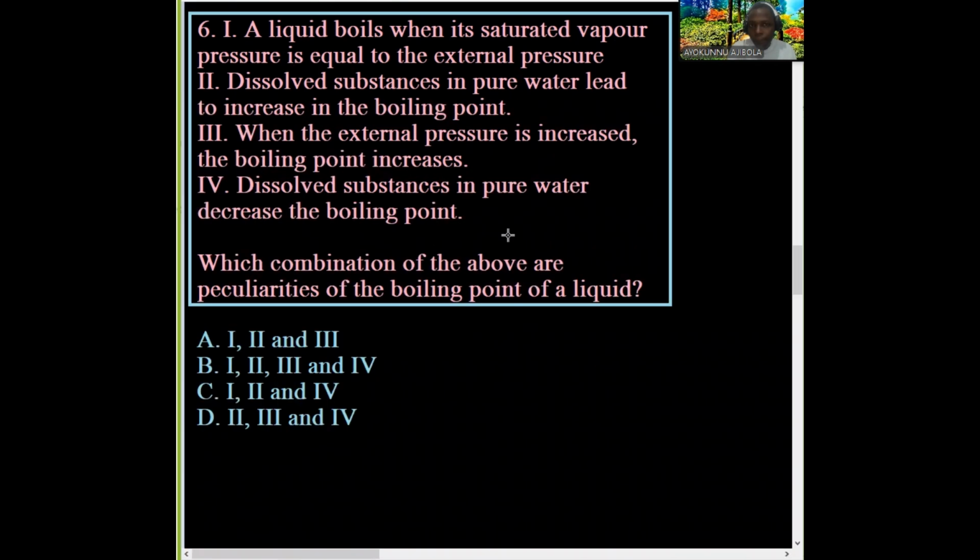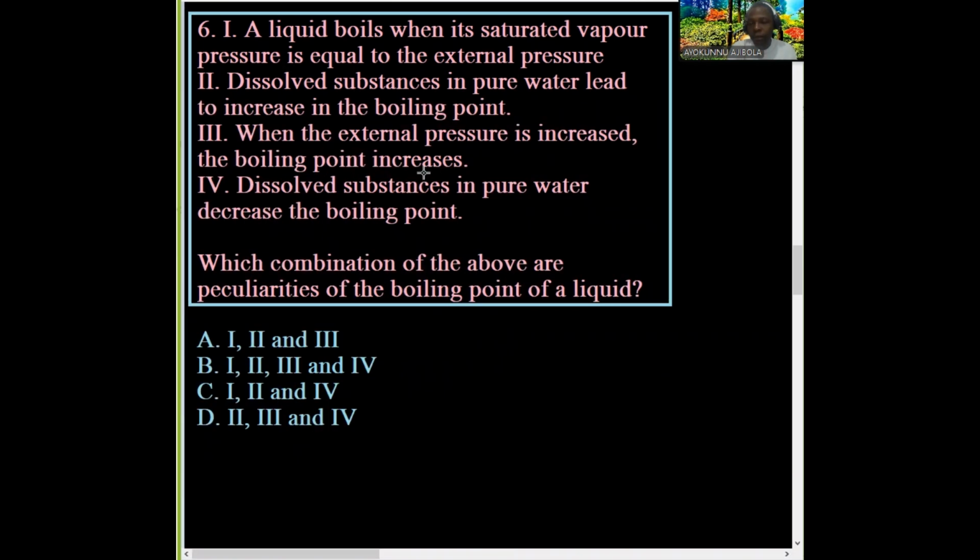When the external pressure is increased, then it might boil above 100 degrees.